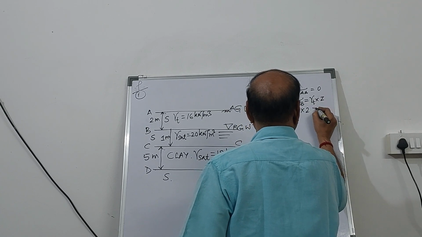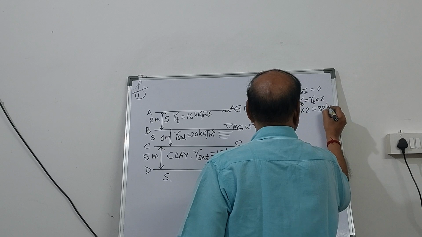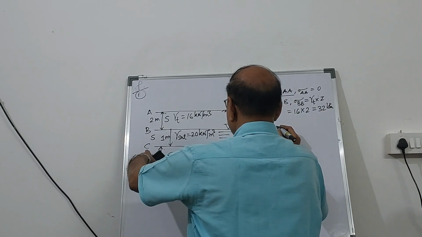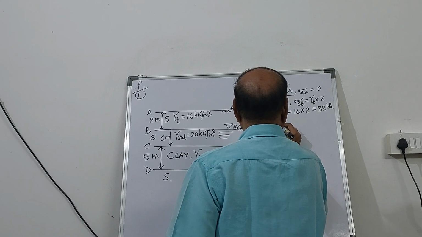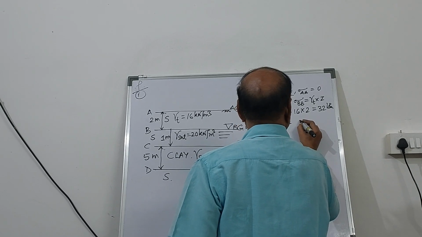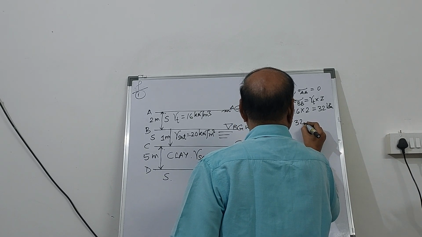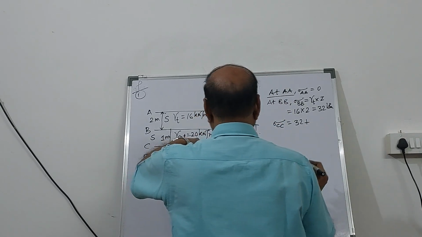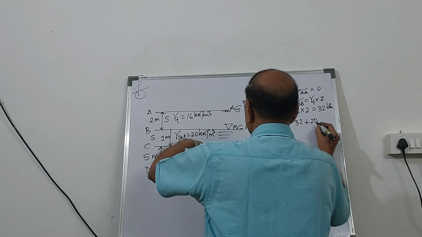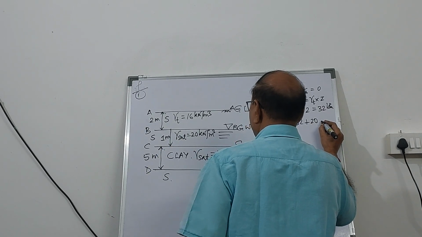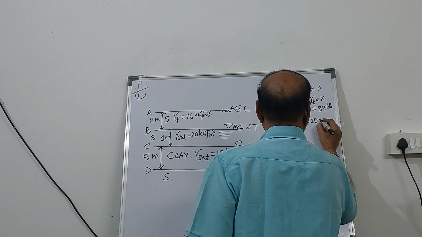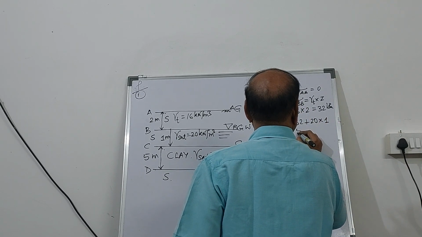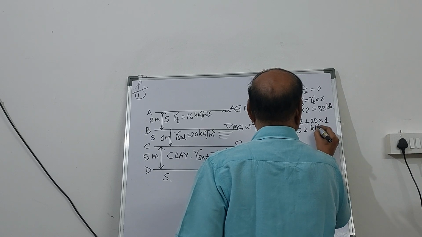So 16 multiplied by 2 is 32 kilopascal. Similarly, at CC, sigma CC is going to be 32 plus gamma saturated, 20, multiplied by 1 meter. So it becomes 52 kilopascal.